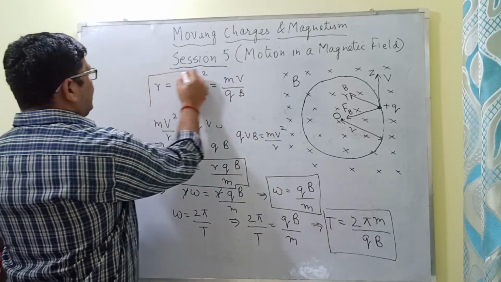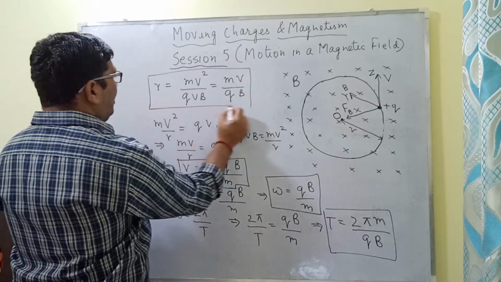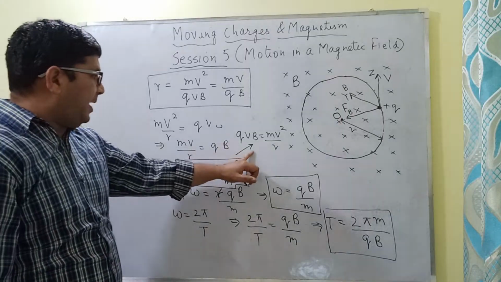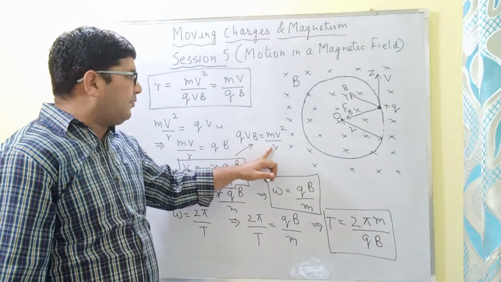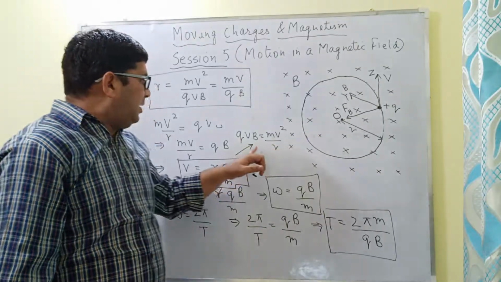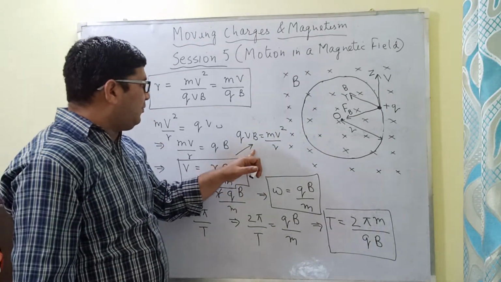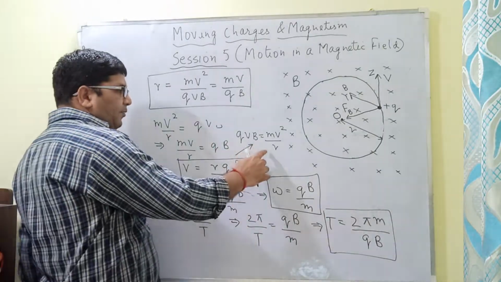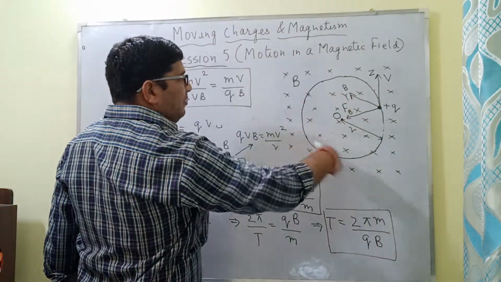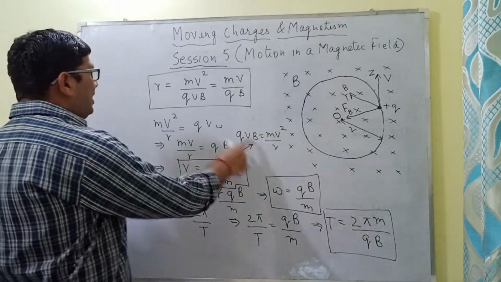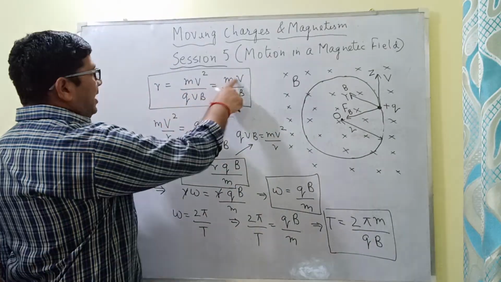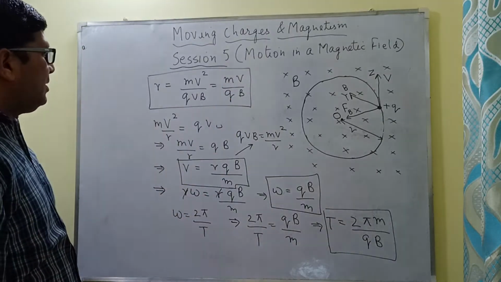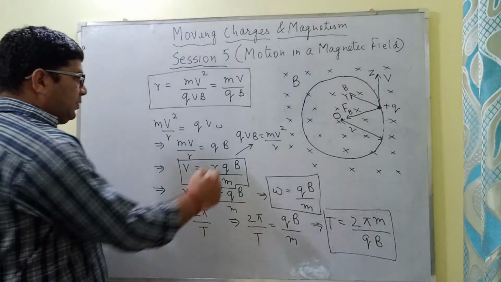So this is also one important relation which we have got by using this relation, that the magnetic force will provide the necessary centripetal force, and then this charged particle will move in a circular path of radius r, and the radius will be given by m into v divided by qB. So these are some of the important relations which we have got by using this formula.